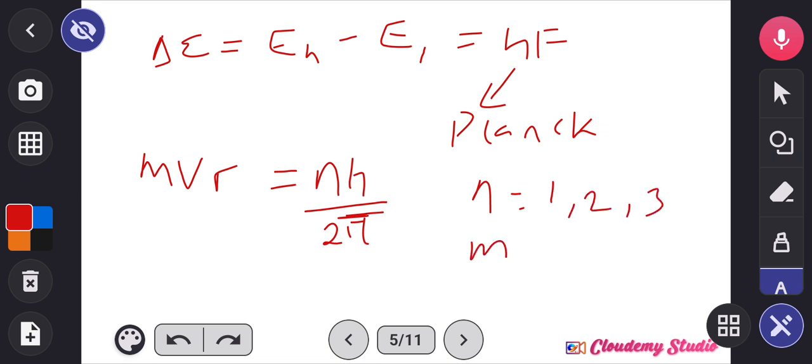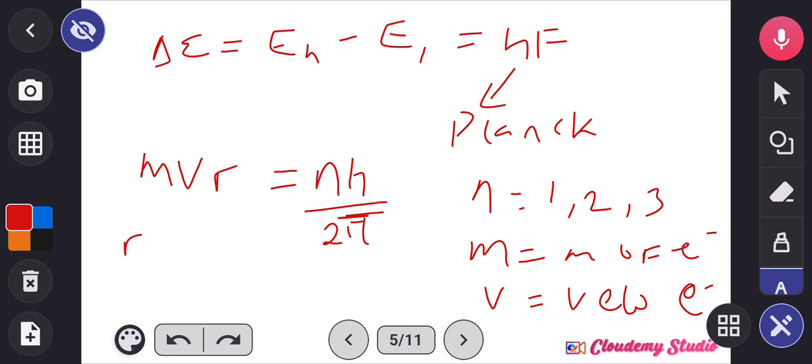Our m is the mass of the electron. Our v is the velocity of the electron. Our r is the radius of the orbit that we're studying.